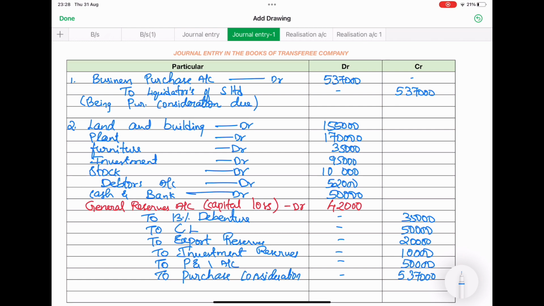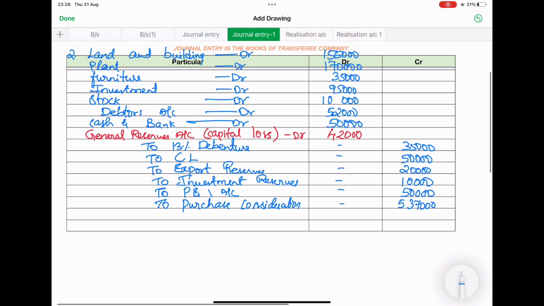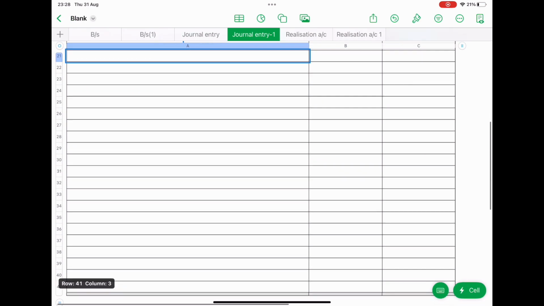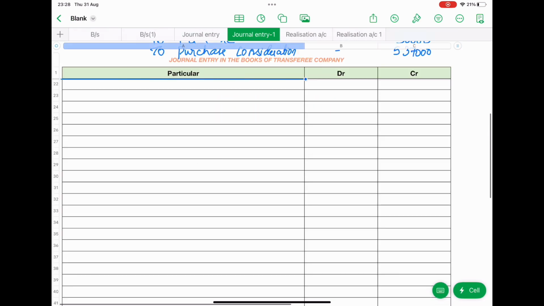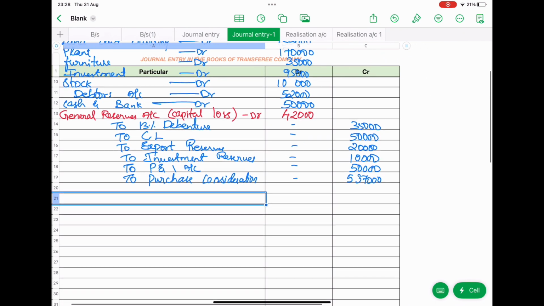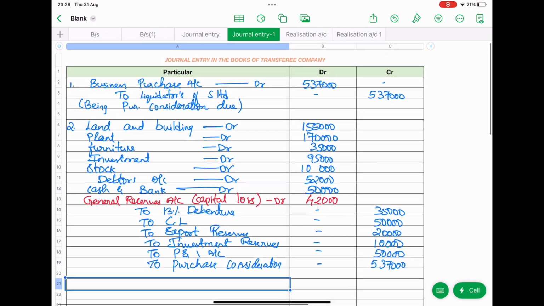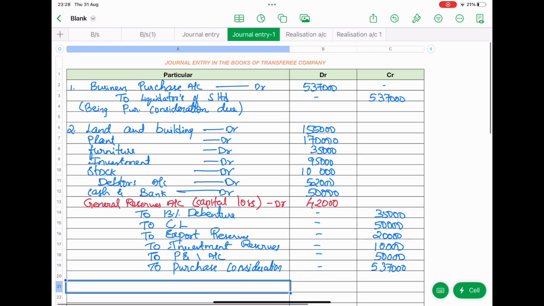Got it? So after this, we have to write the being also, we have to mention it, isn't it?